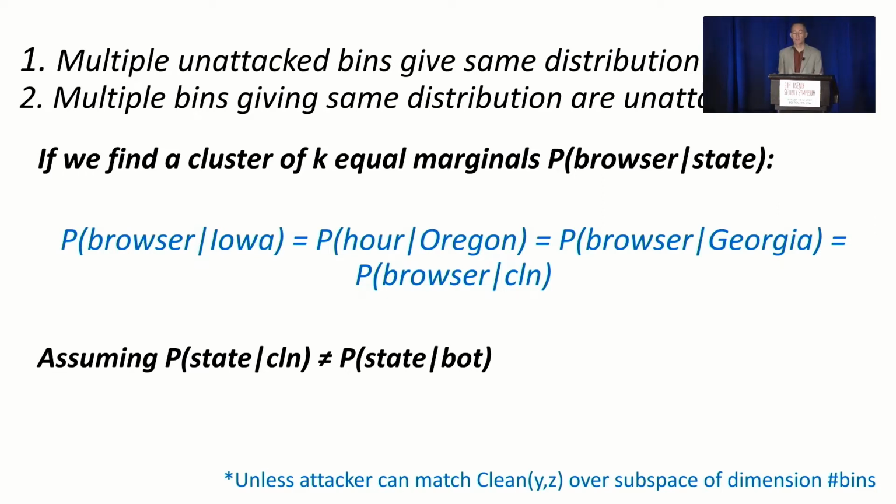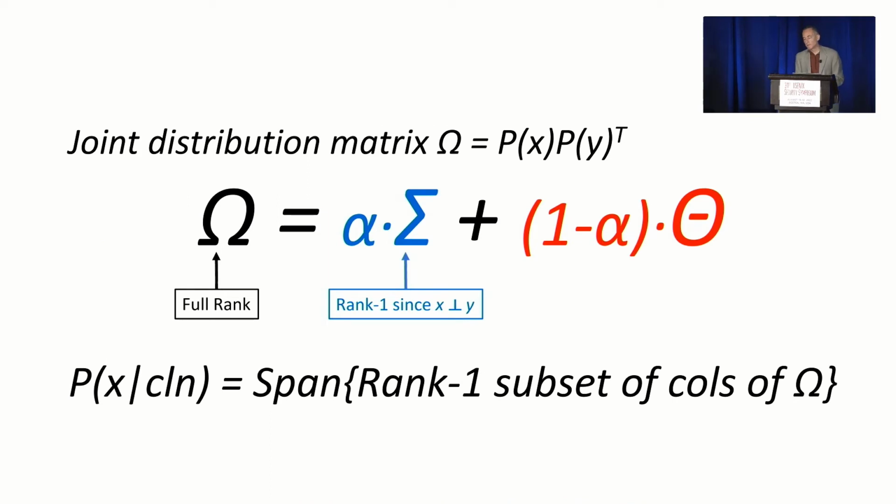The only assumption is that the traffic distribution from the bot traffic is not the same as the traffic distribution from the clean traffic, which if it were, you're kind of done anyway. So this gives me a mechanism to find the clean distribution by finding marginals that point to the same thing.